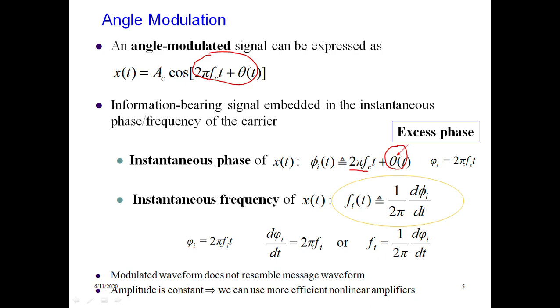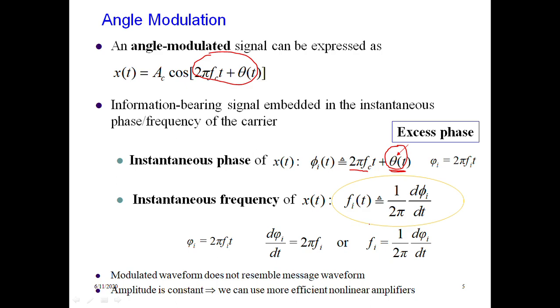This excess phase represents the modulating signal. Of course, we are going to have a different frequency at each component of the modulating signal, which means we are dealing with instantaneous frequency.